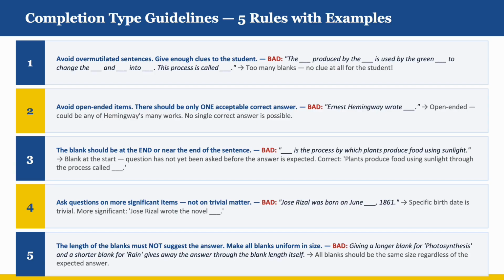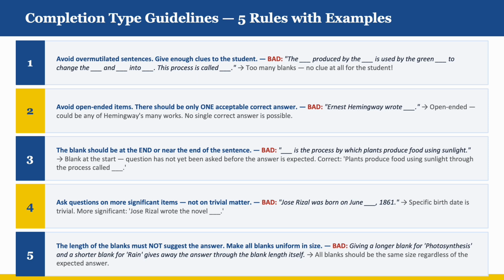Rule number 3, put the blank at the end of the sentence or near the end. Bad example: blank is the process by which plants produce food using sunlight. The blank comes before the question is even fully asked.